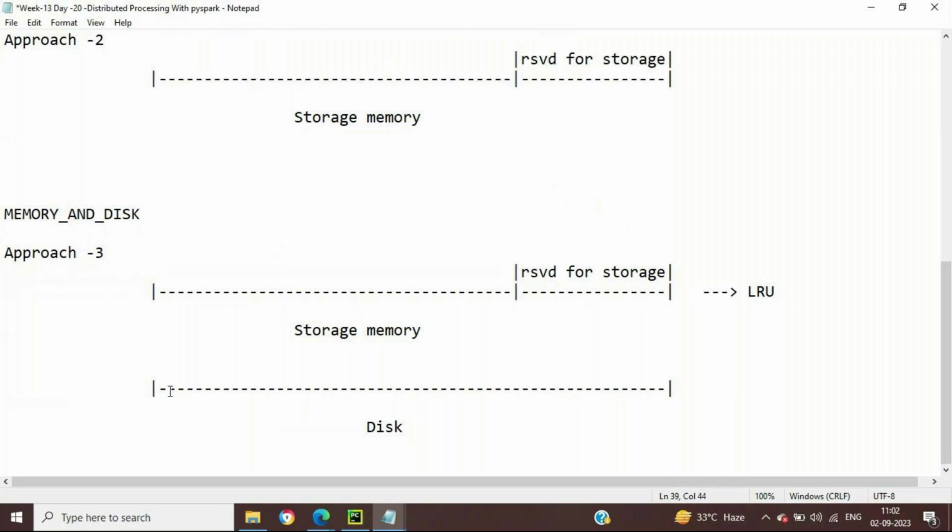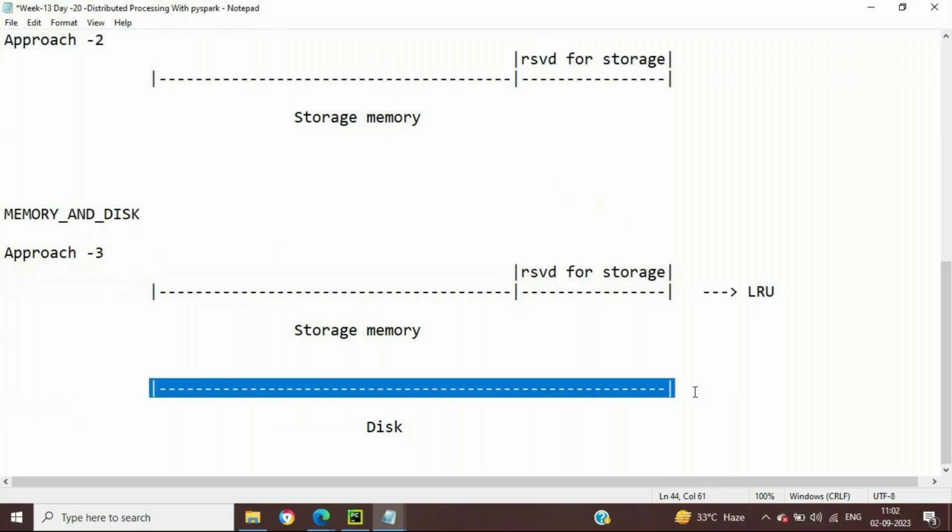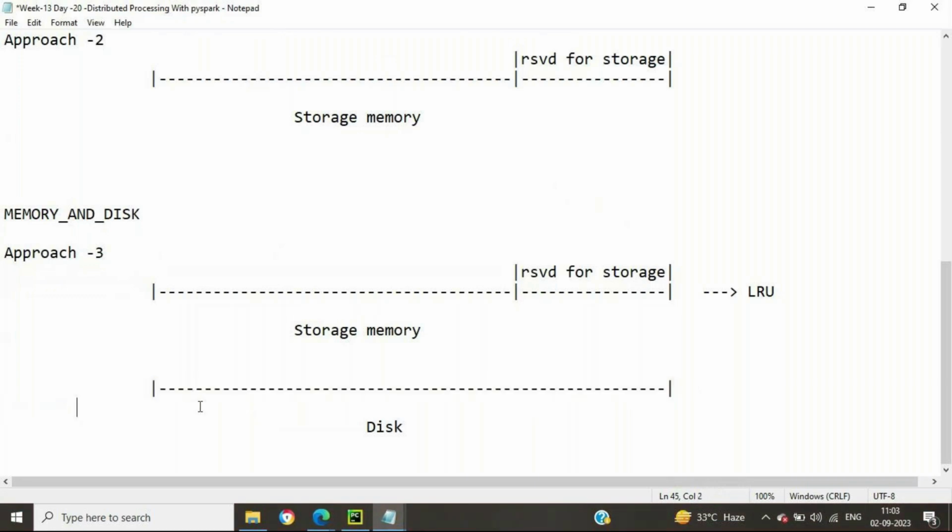The LRU is also working over here. The portion which is heavily utilized, like which is called inside the execution memory from disk, is moved from disk to memory, because the portion which is being utilized heavily must be available locally inside the memory.